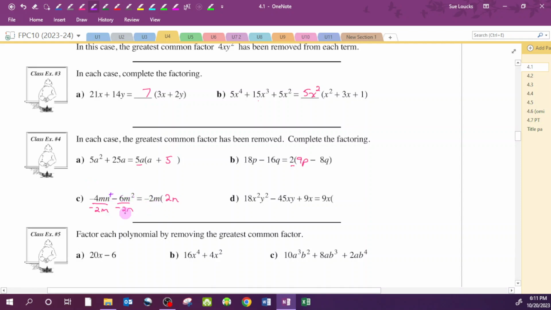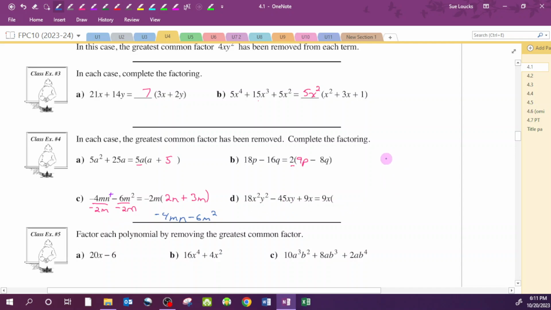So if I divide this by negative 2m, I'm left with positive 3m. So if I come back and double check this, negative 2m times 2n is negative 4mn. Negative 2m times 3m is negative 6m squared, which, happy days, is what we started with.